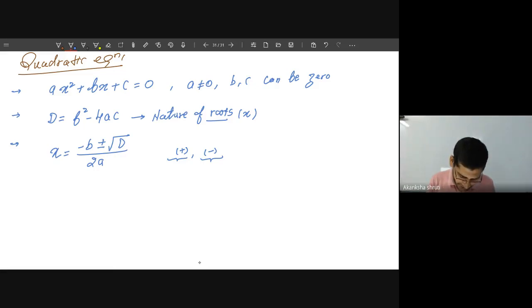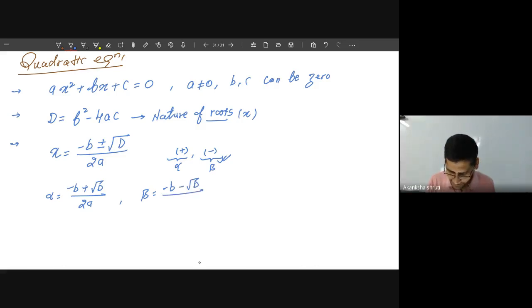While taking the positive sign, I denote one of the roots by alpha, then it is minus b plus under root of d by 2a. The other one is beta for the negative sign, which will be given as minus b minus under root of d by 2a.